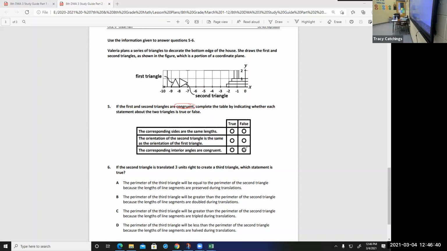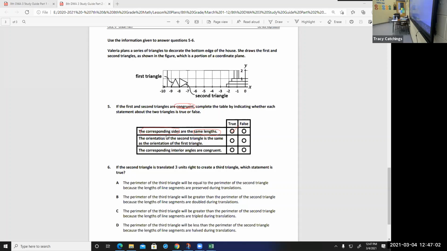Equal, same size. So that means if I'm 6 units in the first triangle, what am I going to be in the second? Good job. So the first question said corresponding sides should have the same length. Would they? Yeah, y'all just told me they're equal.